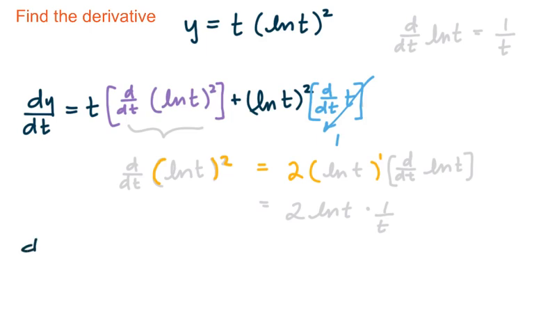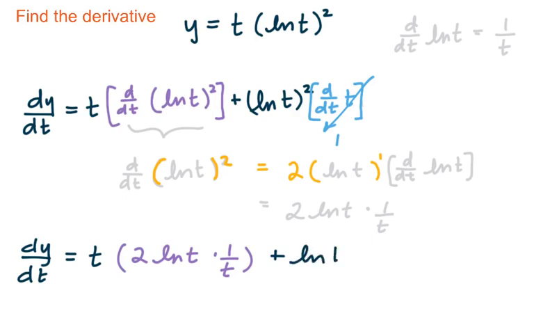So the derivative of y with respect to t equals t times what I just found, 2 times the natural log of t times 1 over t, plus the natural log of t, quantity squared, and then we said that we would have times 1, which we do not need to write.